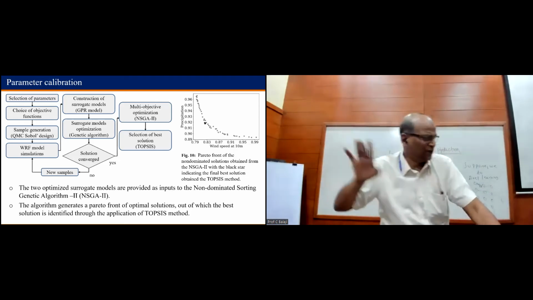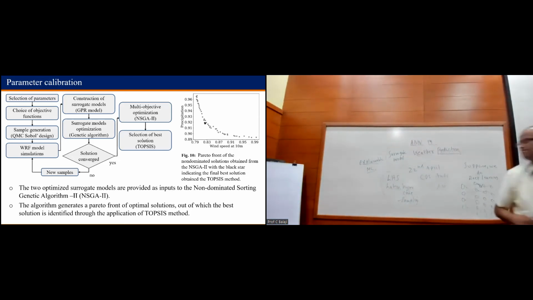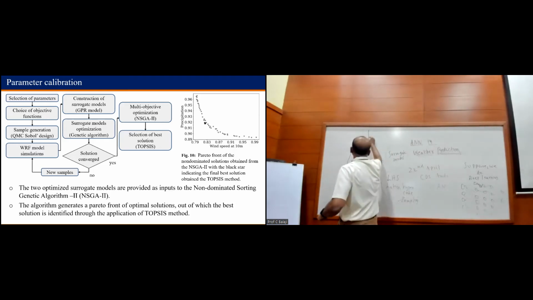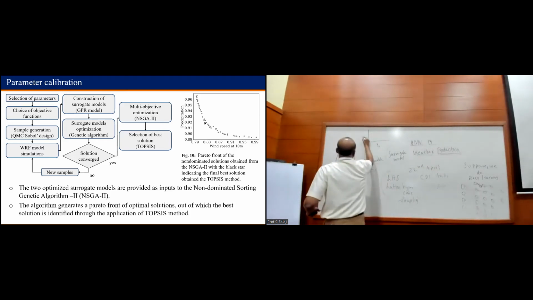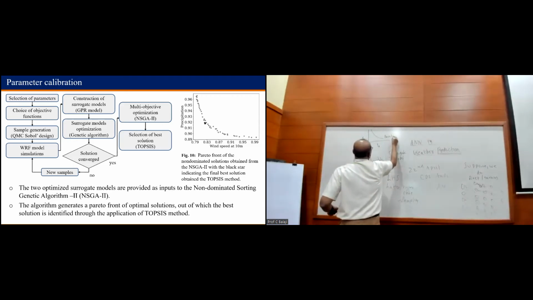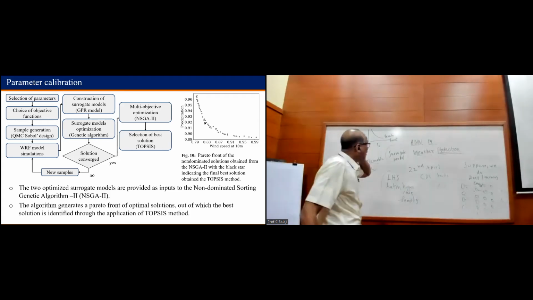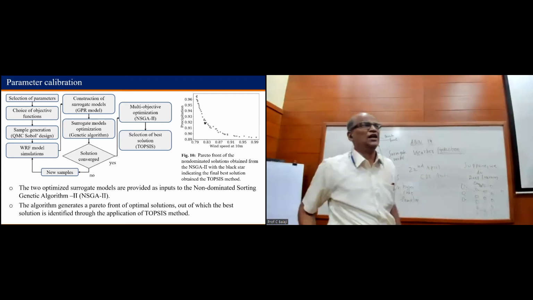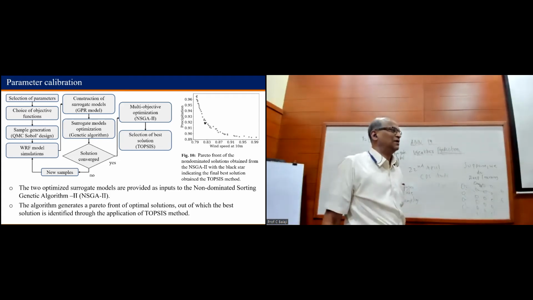It is like this. Your objective 1, your objective 2. This is called the Pareto front, named after the Italian mathematician and economist Pareto, who said that 80% of the work in any company is done by 20% of the people.